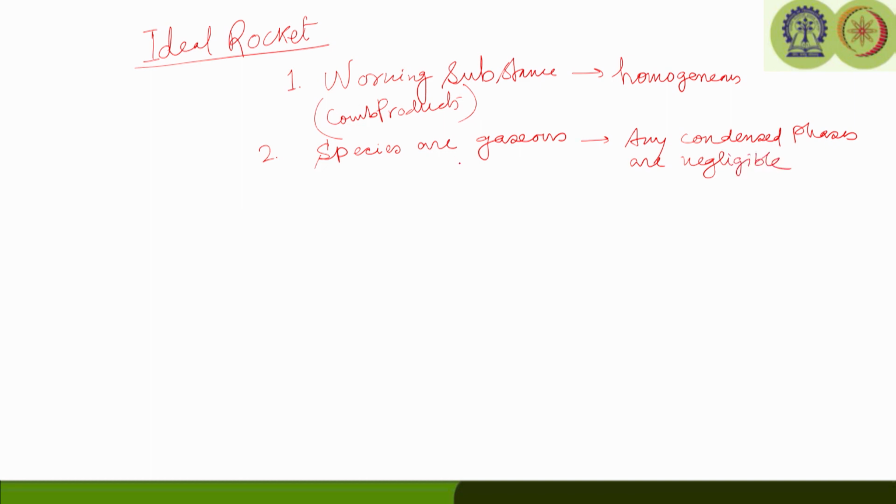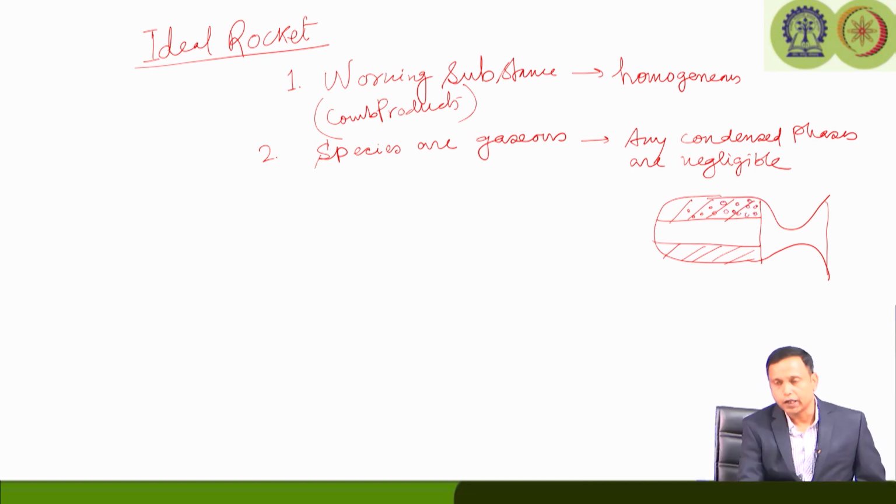Of course, one can argue on these things, how can we consider this, because if you consider a solid rocket, this is the typical solid propellant rocket, it consists of the propellant grain. In the propellant grain, if you look very closely, it consists of various metal particles as fuel.